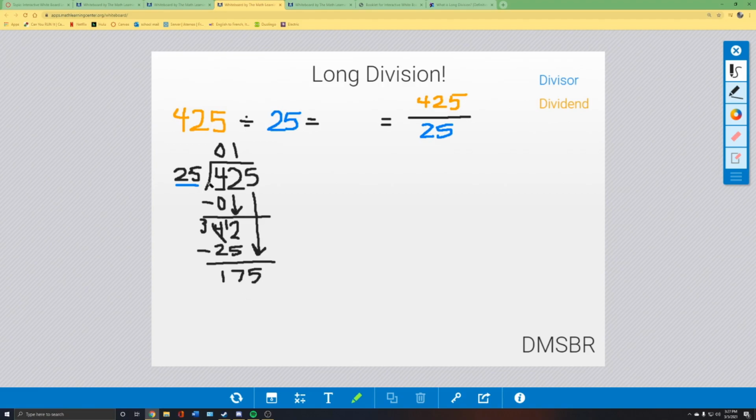Now we repeat again. 25 into 175 goes 7 times, and that equals 175. 0 for subtraction, and we're done. The answer is 17. The quotient is 17.